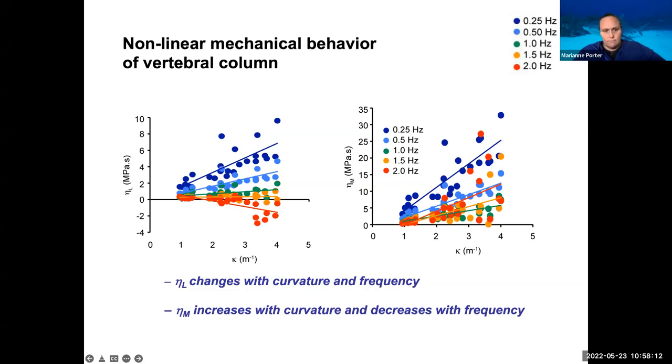And our viscosity at minimum strain, we're going to see increases with curvature. So our lines are pointing up, but actually we saw decreases with frequency. So our faster frequencies, these warm colors, are actually lower in our viscosity than they were in our elastic test.